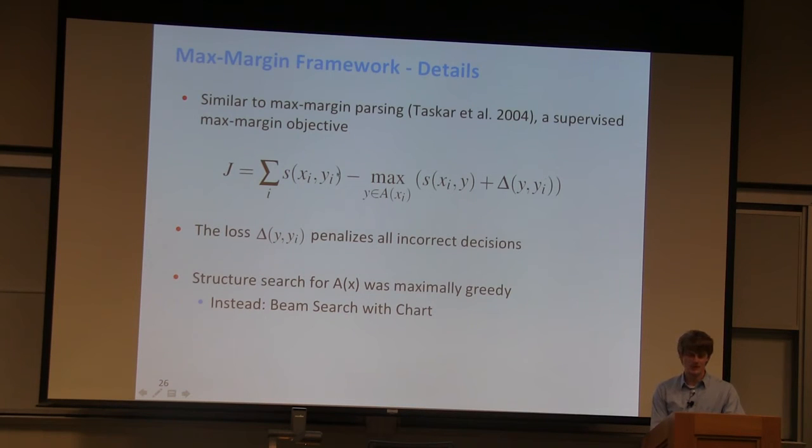And once y is the correct tree, exactly yi, then it will also be correct up to a margin to the next highest scoring tree that isn't correct, and all the incorrect decisions will be nicely pushed away.